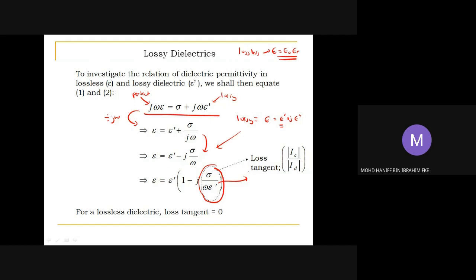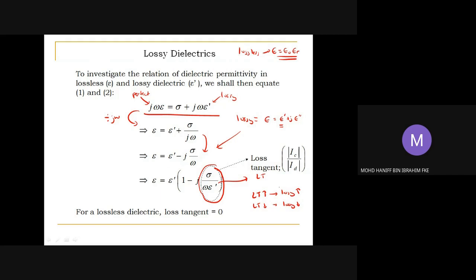If we have a higher loss tangent, LT is higher, which means that the dielectric is very lossy; the lossy characteristic is very high. If you have a small loss tangent, the dielectric is less lossy.